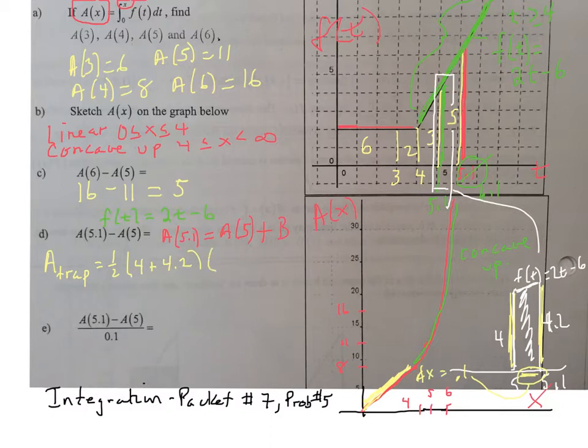And our base is going to be 0.1. Now if we do that calculation out, well, 4 plus 4.2 is 8.2. Half of that is going to be 4.1 times 1/10 is going to give us 0.41.